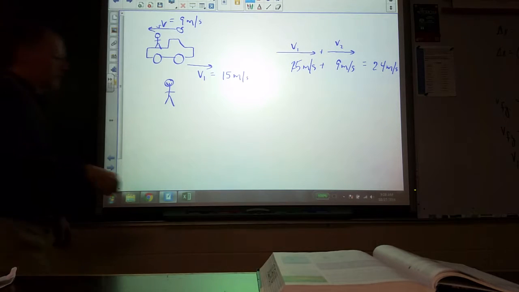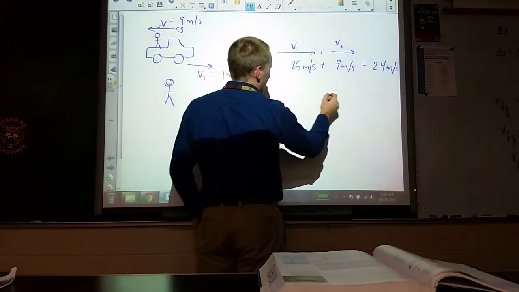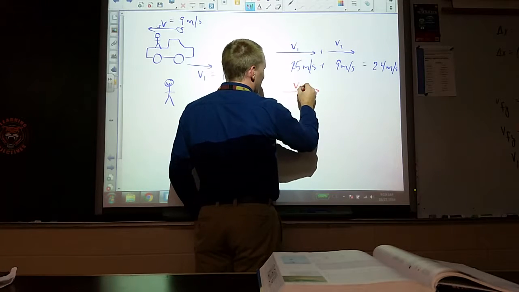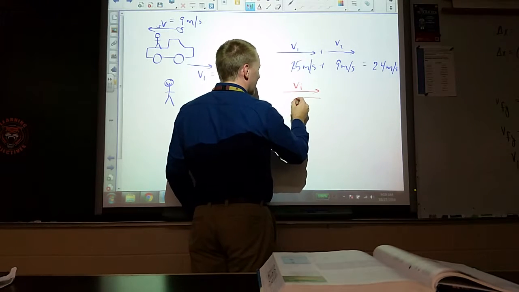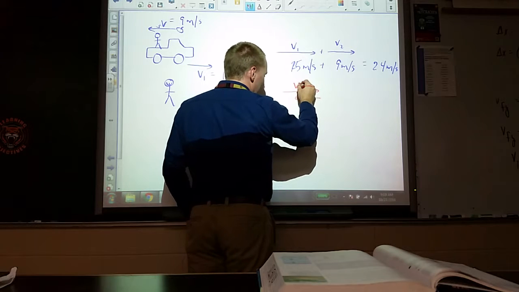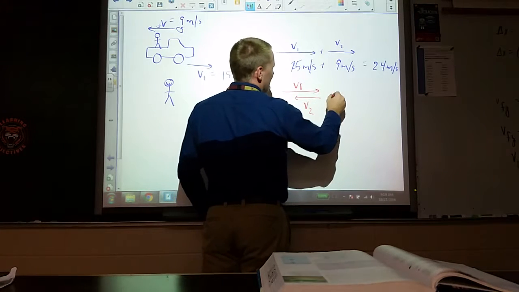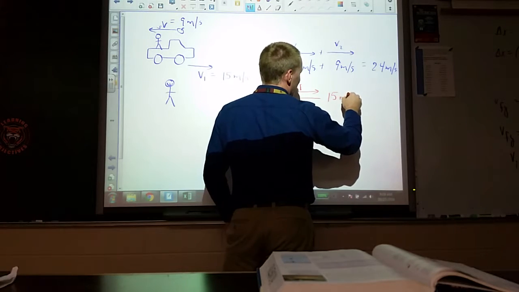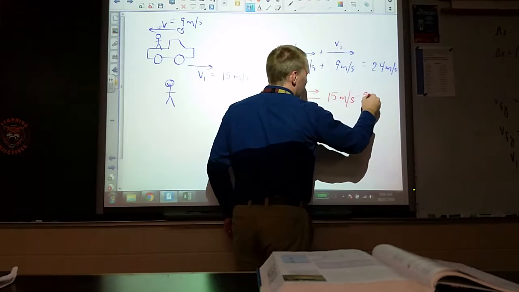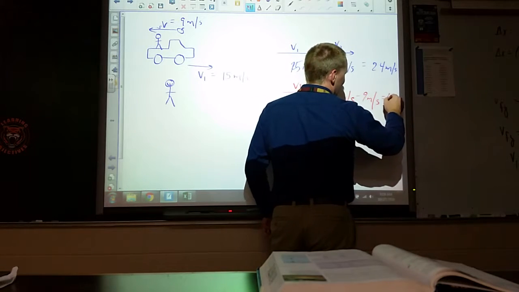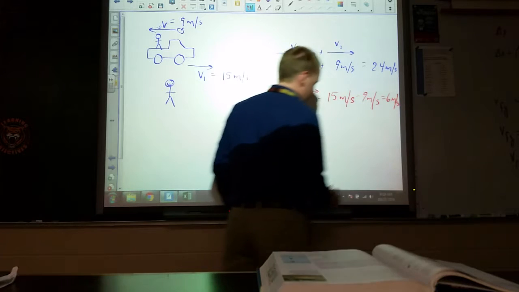Subtract them because they're just opposite. Yeah. So that option would be v1 going this way, and v2 going that way. So you'd have 15 meters per second minus the 9 meters per second. And so the observer would measure 6.